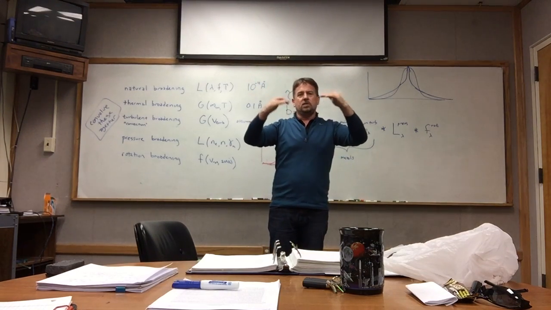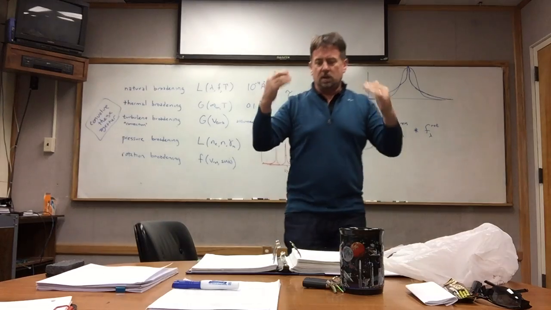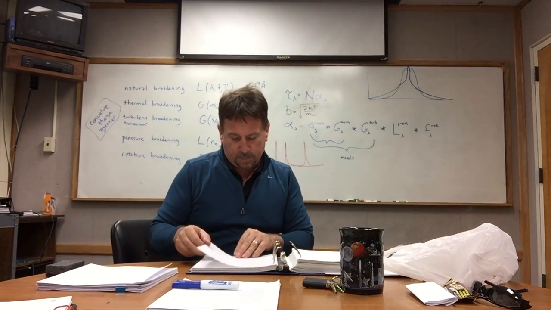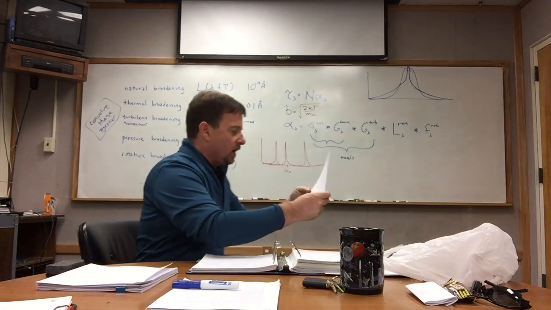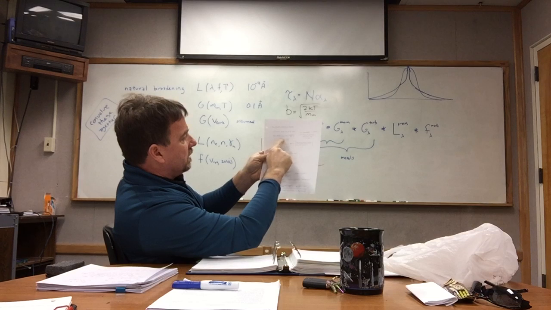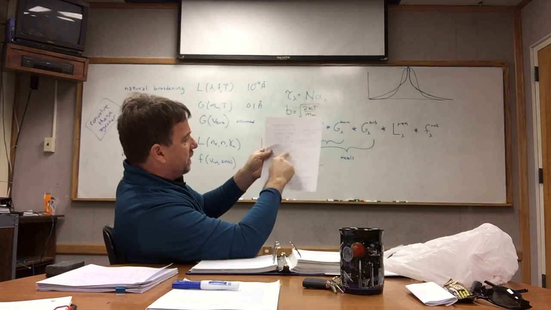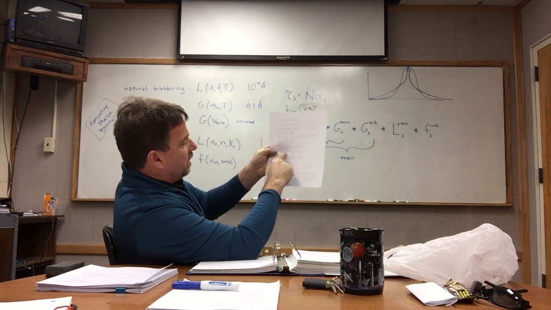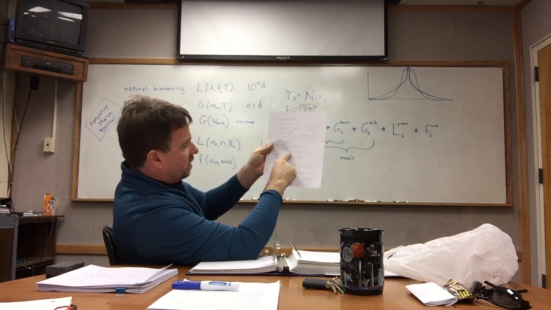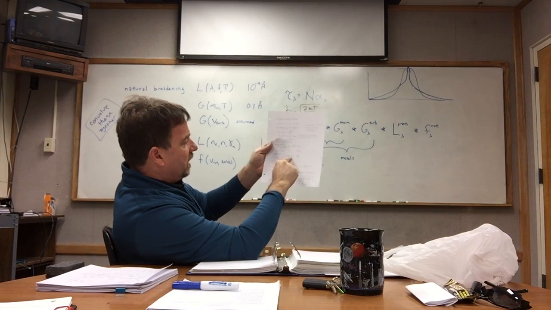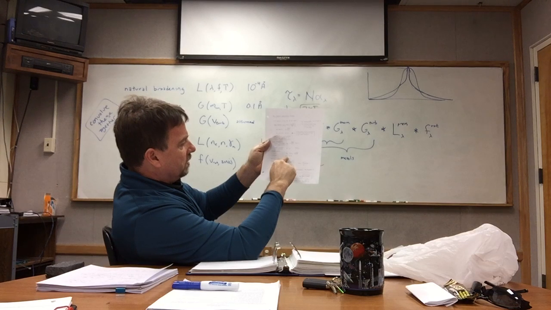The typical parcel of gas is not moving with respect to you. If you look at this page, here's the Gaussian in velocity space, here's the B thermal. You define here a turbulent B parameter, and so you have a lambda thermal and a lambda turbulent.